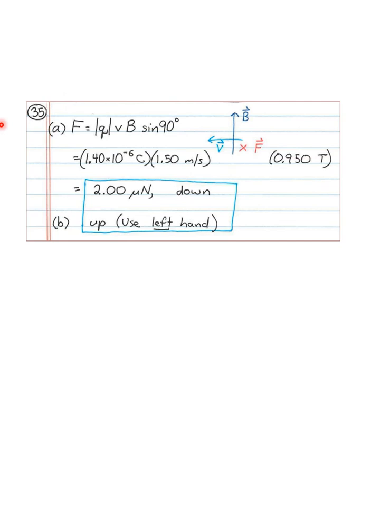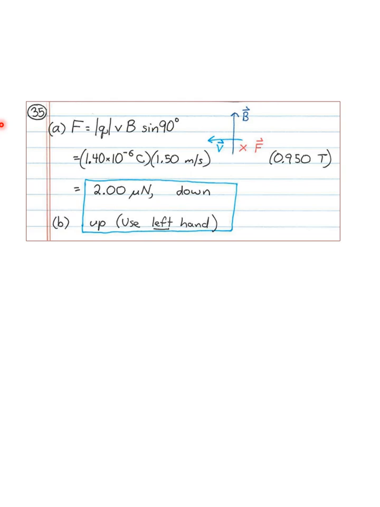Number 35, a 0.95 Tesla magnetic field points due north. And there you can see I've drawn it going north. Find the magnitude and direction of the force on a 1.4 microcoulomb charge moving westward at 1.5 meters per second. And there I've drawn it going west. So you should use your right-hand rule on this positive charge and get the force going into the page, which is going to be down.